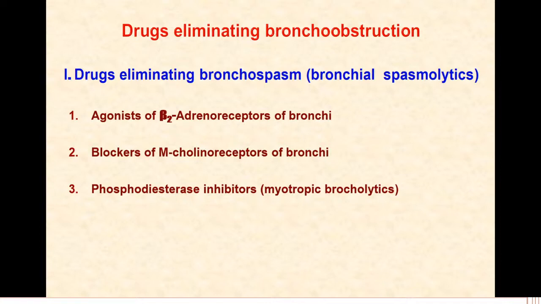This enzyme causes accumulation of cyclic adenosine monophosphate. And accumulation of cyclic adenosine monophosphate stimulates different calcium-dependent processes in the smooth muscle cell that leads to decrease of free calcium concentration.